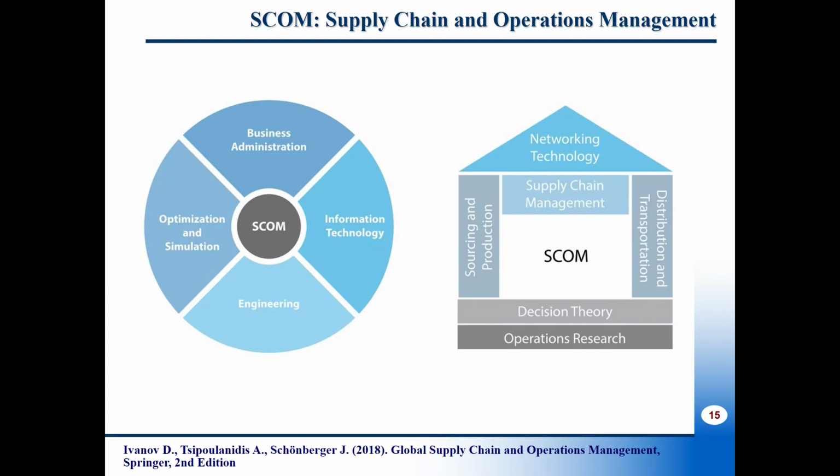And therefore, the roof of our house is networking technology, meaning that in order to operate supply chain and operations management into action, we need networking technology that connects sourcing, production, distribution, and transportation.